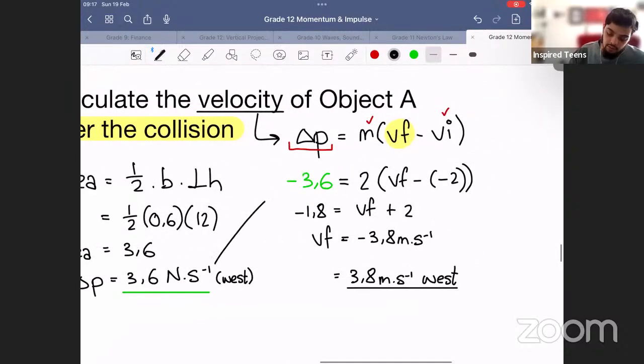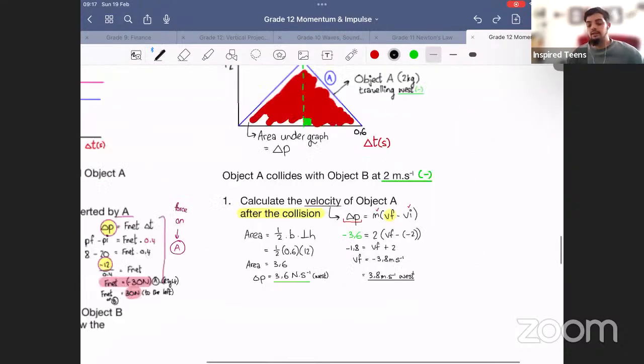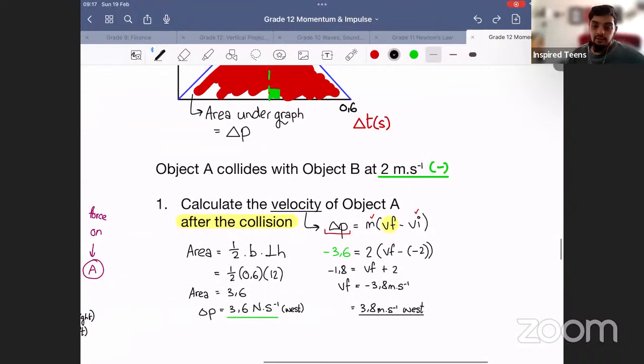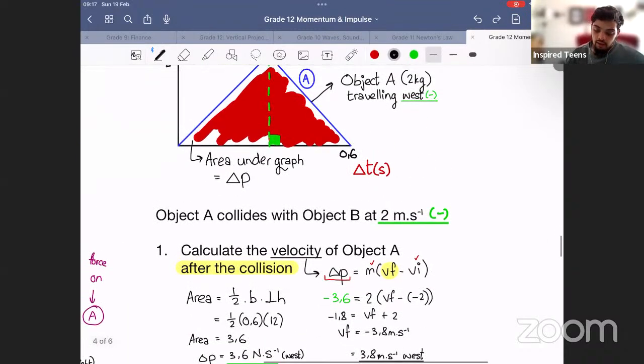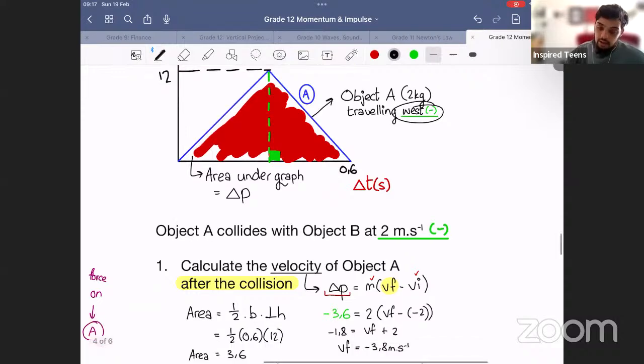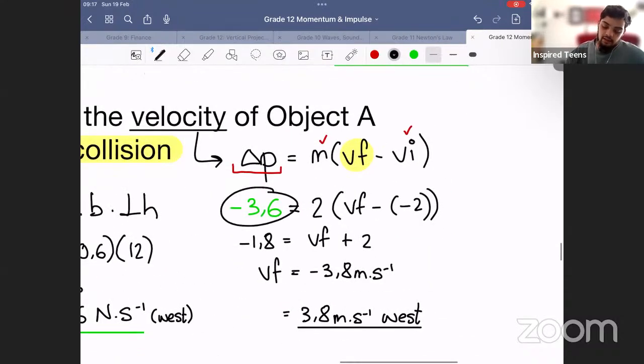However, when we substitute it, we substitute a negative because we know that's in the westerly direction, and in this specific case we need to take west as negative. So we have -3.6 equals 2 times (V final minus -2). Why is V initial -2?